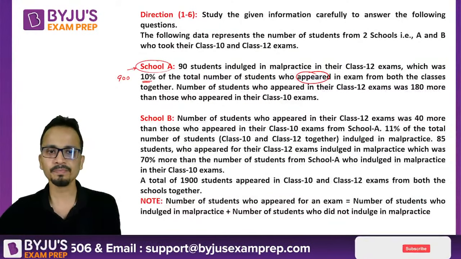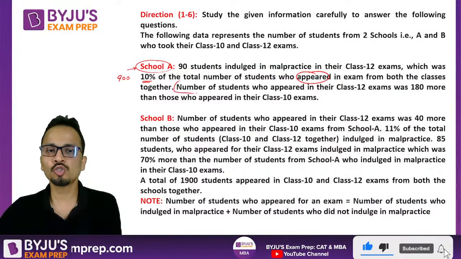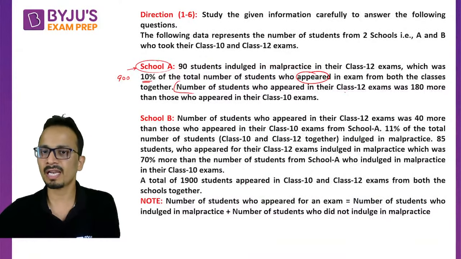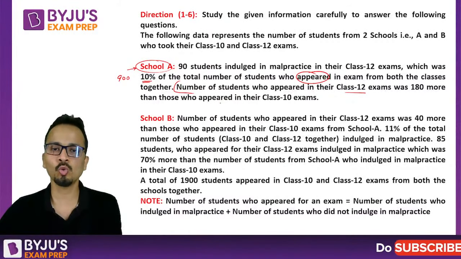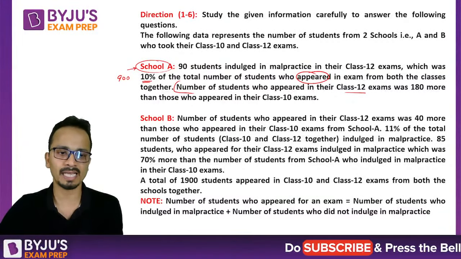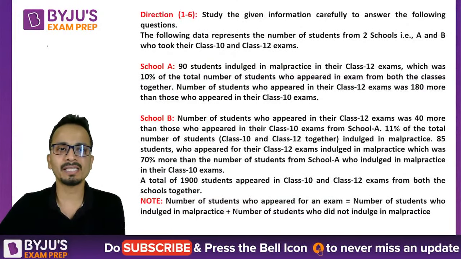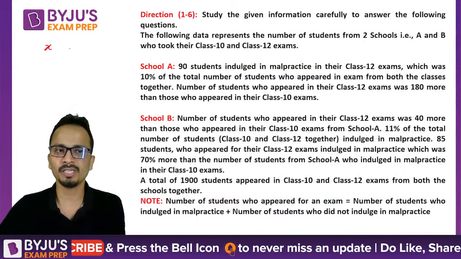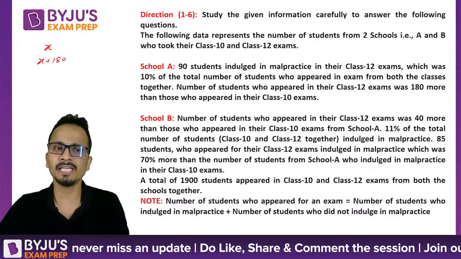Next, the number of students who appeared in their class 12 exam was 180 more than those who appeared in their class 10 examination. So if X students appeared in the class 10 exam, then in class 12th it will be X plus 180.